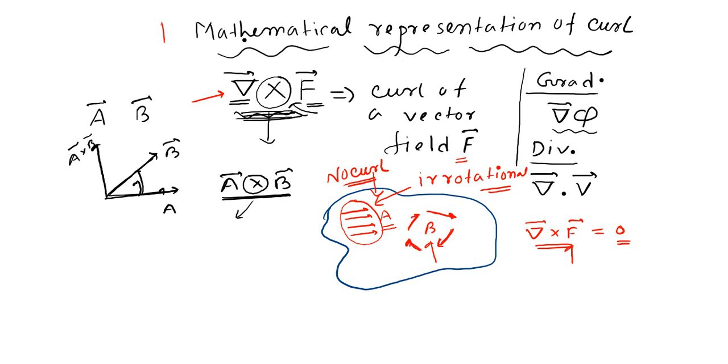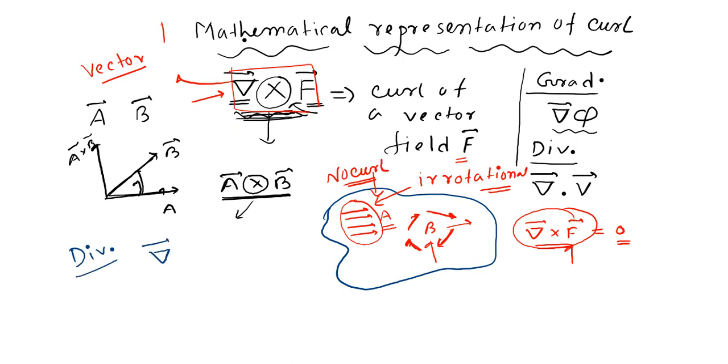So at that point we obviously get a value for this cross product, and since this is a cross product, we can say the curl of a vector field is a vector. If we compare with the divergence, divergence was a dot product between nabla and the vector field.